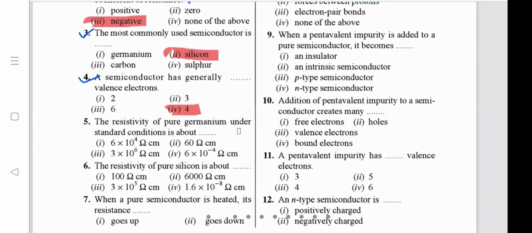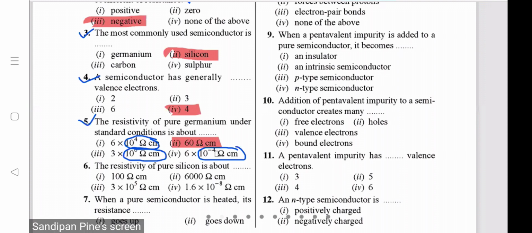Resistivity of pure germanium, you can see what values they have given. 10 to the power 4 ohm-cm is the order of a resistor, so it's not semiconductor. 10 to the power 6 ohm-cm is very high resistance, like wood. 10 to the power minus 4 ohm-cm is of a conductor. So our answer will be 60 ohm-cm. It's between the insulator and conductor.